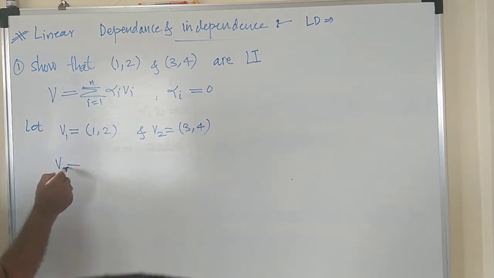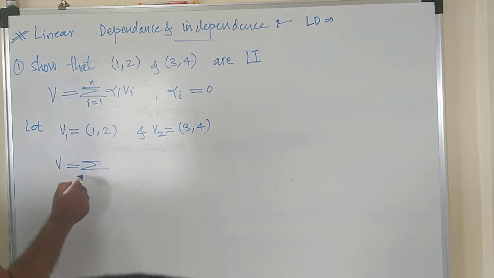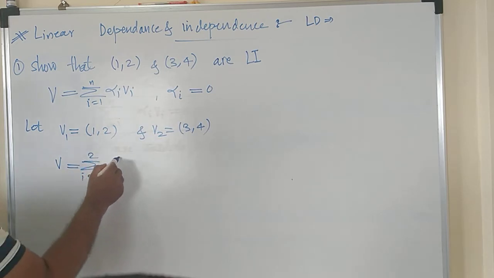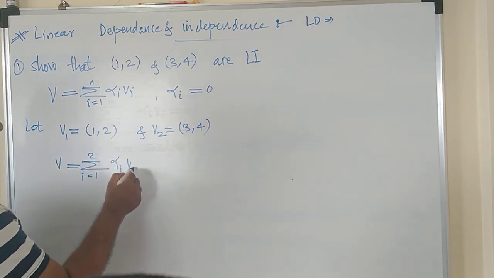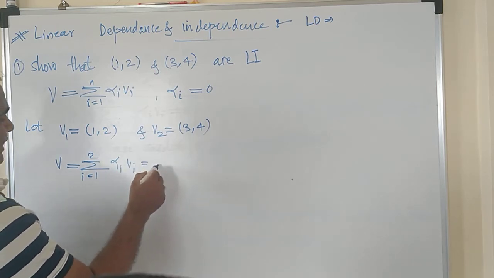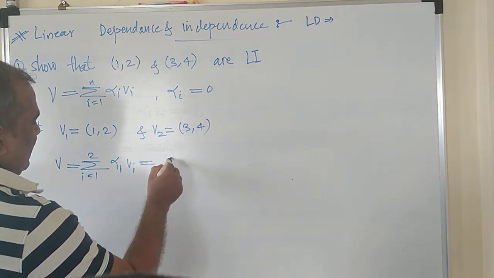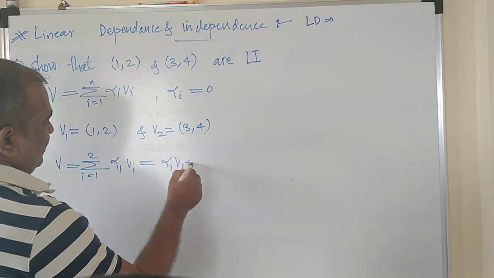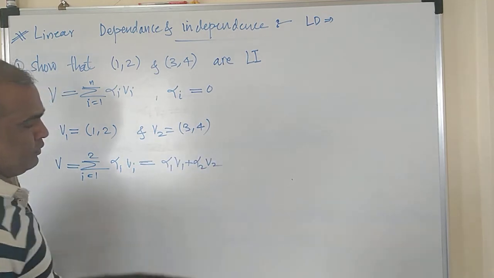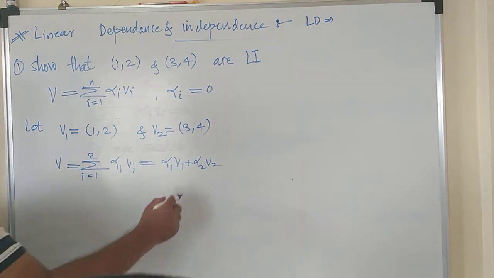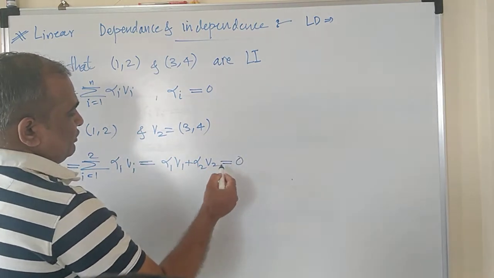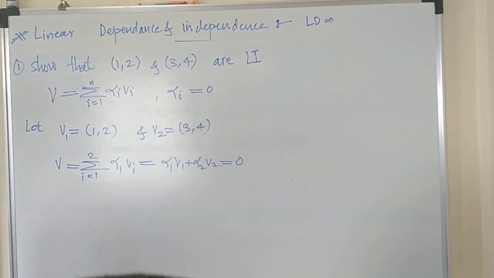So V equals summation i from 1 to 2 of alpha i vi, and I can write this equation as alpha 1 V1 plus alpha 2 V2 equals 0, provided alpha 1 and alpha 2 both must go to 0.